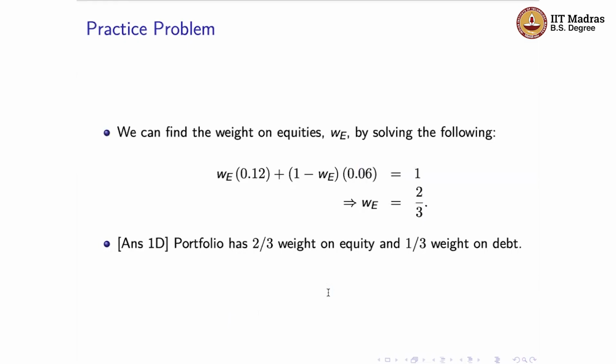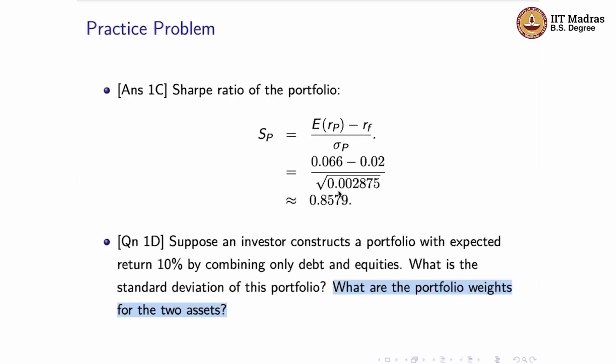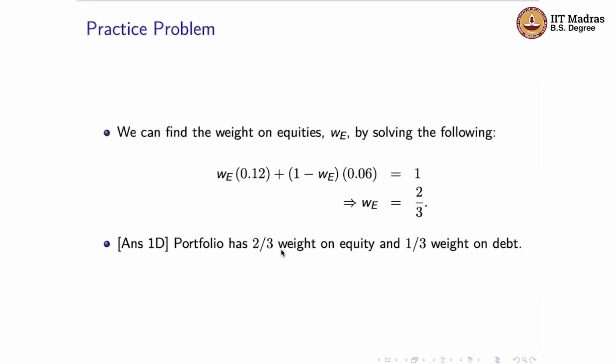So first, let us find out the weights. And how do we find out the weights? Remember, the target is that 10% is the requirement. And we know that for a portfolio which consists of only these two assets, the expected return is just the weighted average of these returns, right? So suppose WE is the weight that you put on the equity.